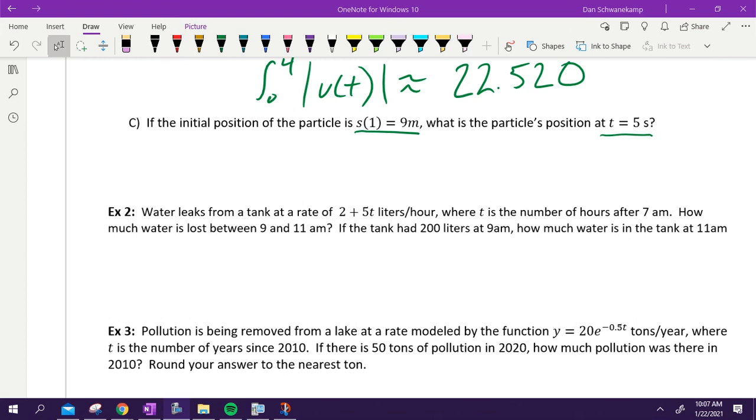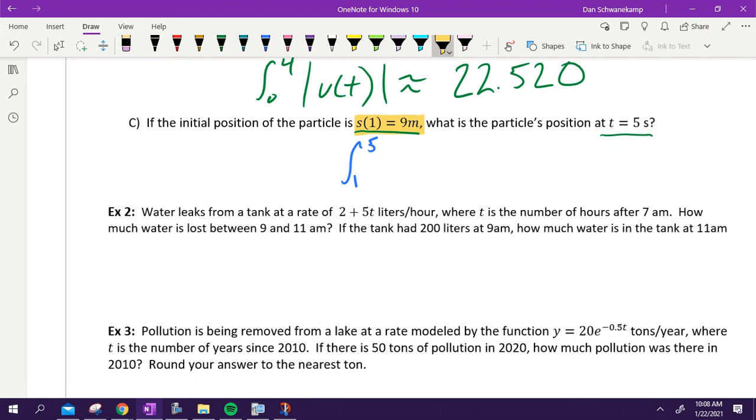What do we think? Anybody have a good idea here? What can we do? We want to find the change. From when to when do we want to know how much the position changed? This time we are going from 1 to 5, because this S of 1 is my starting position.